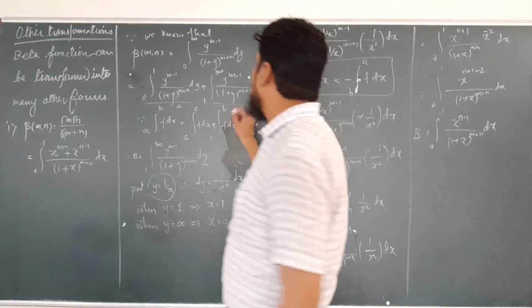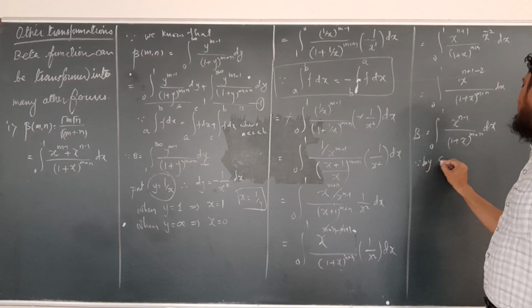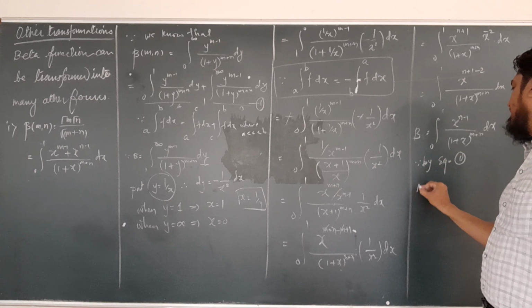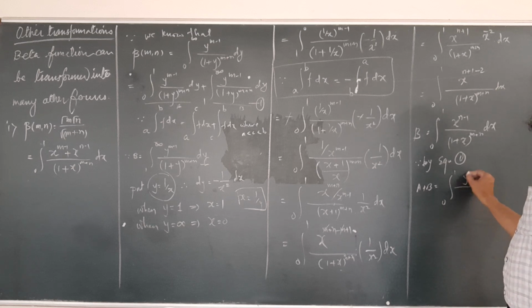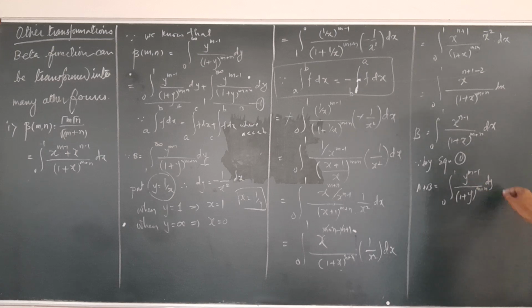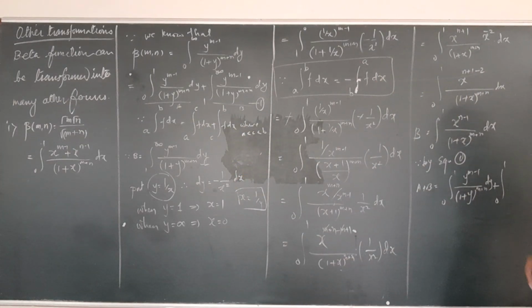Now, equation 1 will give us, since by equation 1 a plus b is equal to, the a is integration from 0 to 1 y raised to m minus 1 and 1 plus y raised to m plus n dy, plus the part b becomes integration from 0 to 1 x raised to n minus 1 and 1 plus x raised to m plus n dx.